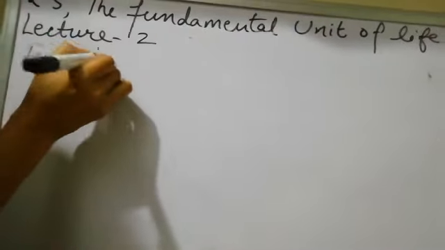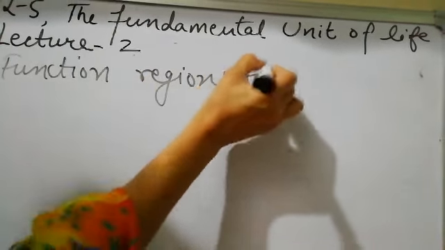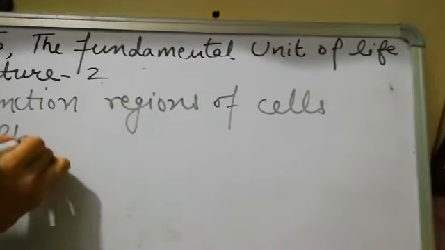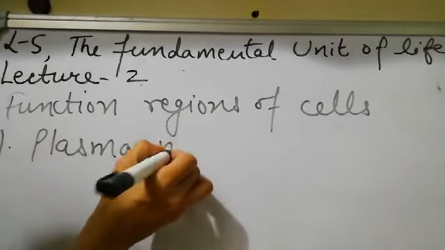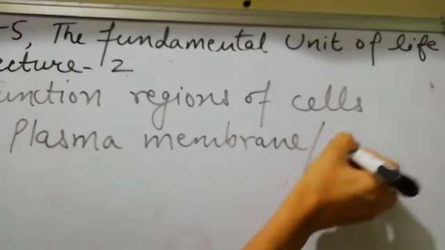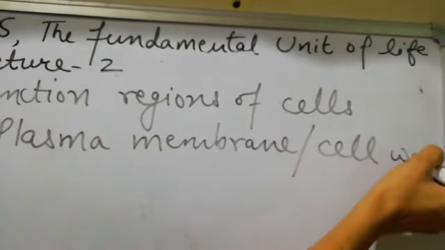Let us talk about the functional regions of a cell. First functional region, which we will discuss in our next video, is the plasma membrane and cell wall.